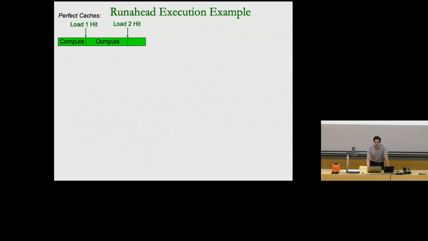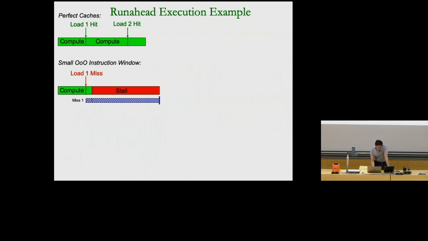This is a perfect cache, but unfortunately, it's not what we have in reality. In reality, we might have something like this. We will start computing, and at some point, we need to go to memory because we don't find the data in L1 or L2 or L3, so we have a miss, and we need to go to main memory. And this takes some time to be served.